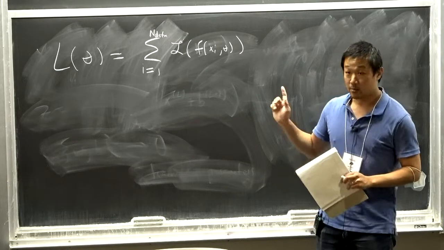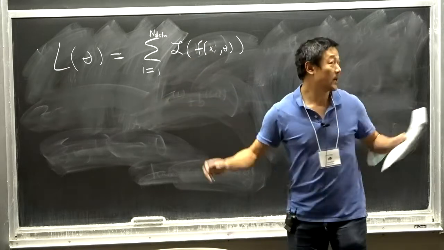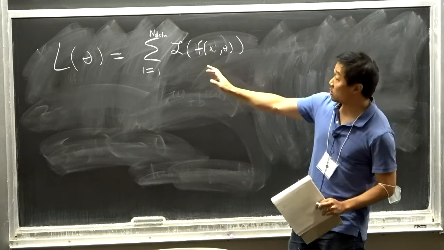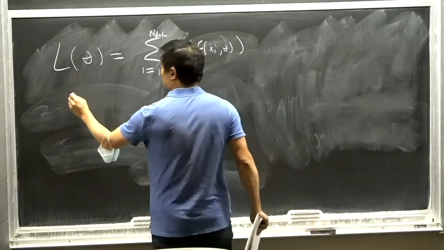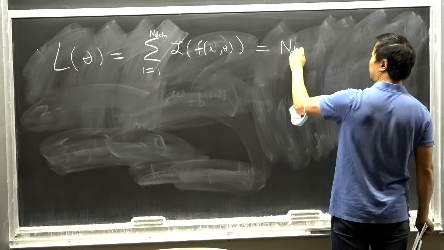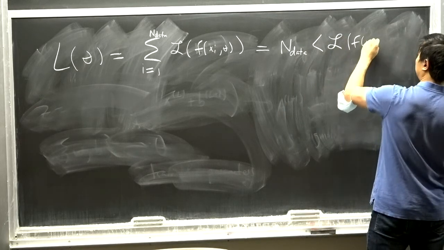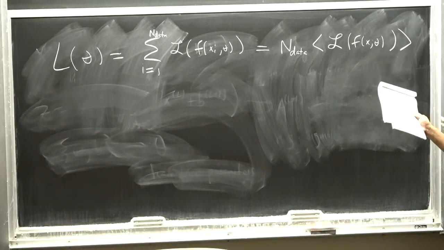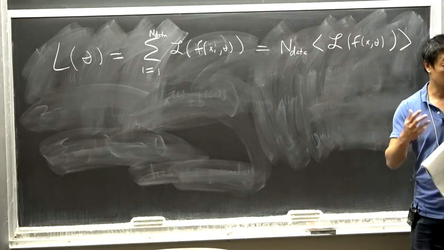So people realized you could kill 2 birds with 1 stone. You could make the loss, or the gradients of the loss, cheaper to compute, and introduce noise into the problem. The extreme version of this: I can think of this as n data times the average of this thing, and instead of taking the average, I could get a noisier estimator just by taking, in one extreme, a single example.